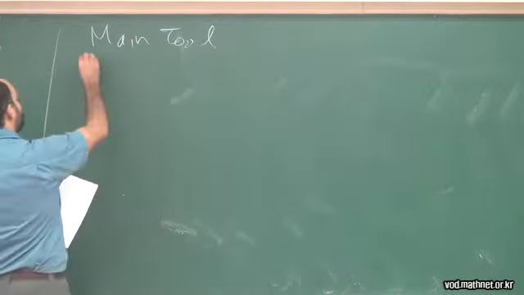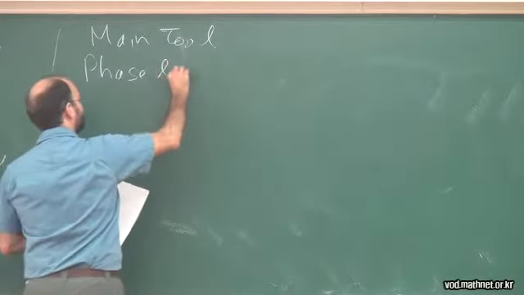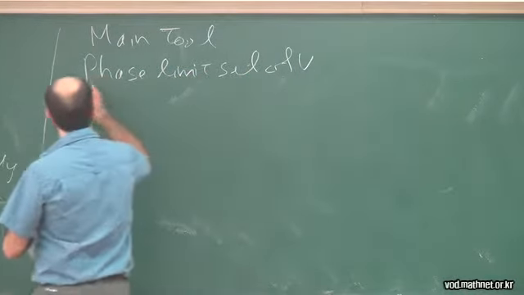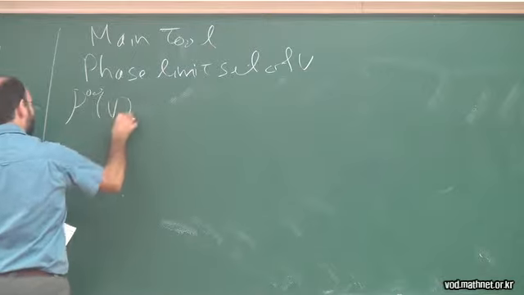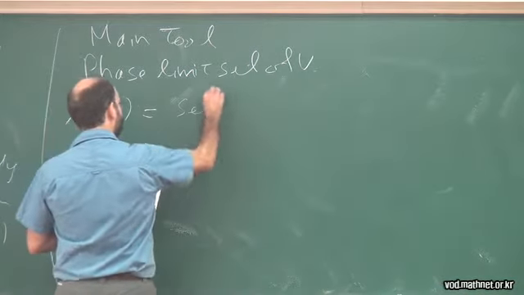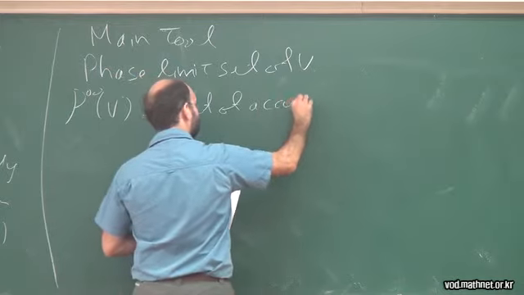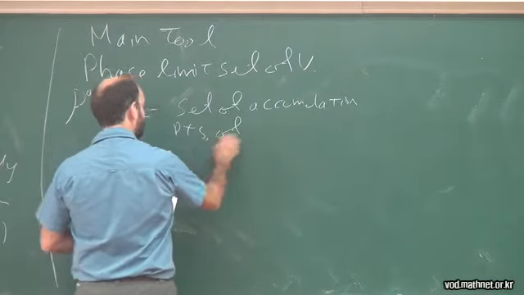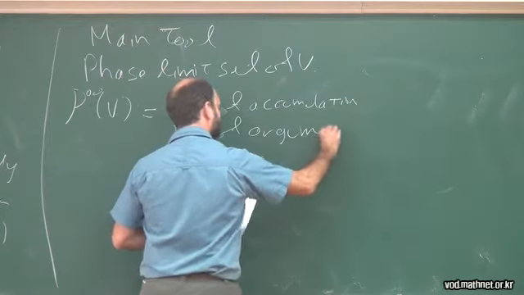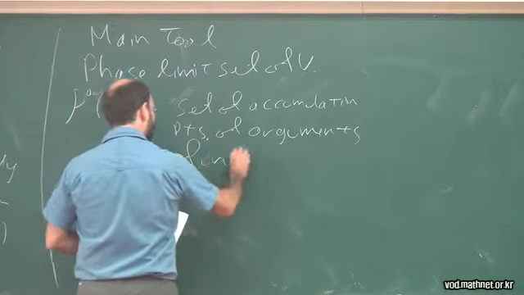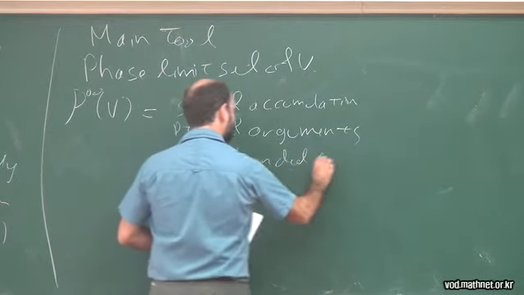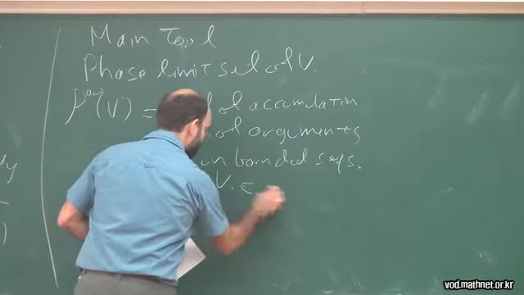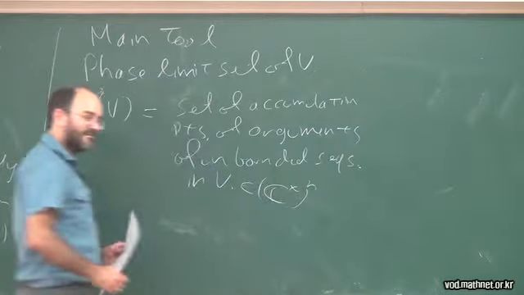So the main tool is something we call the phase limit set of V. P infinity of V is defined to be the set of accumulation points of arguments of unbounded sequences in V. So V is sitting inside of C star to the n, which is very non-compact.